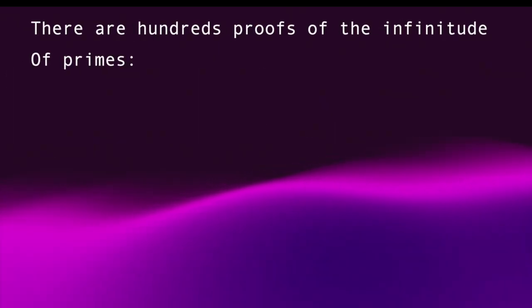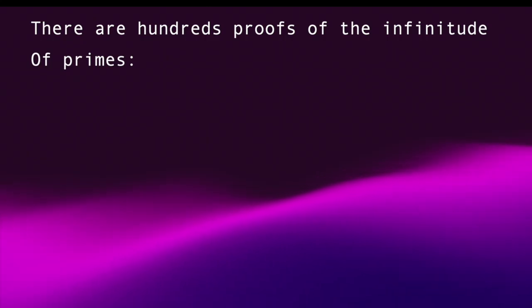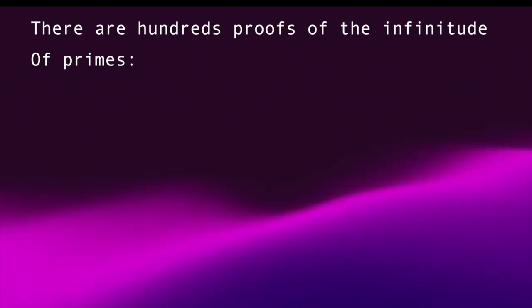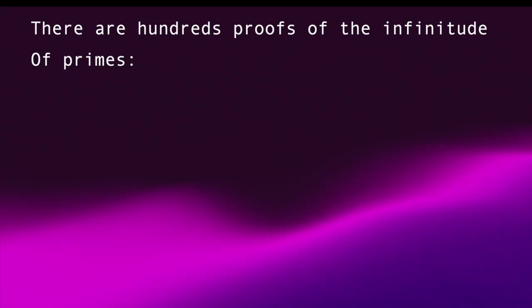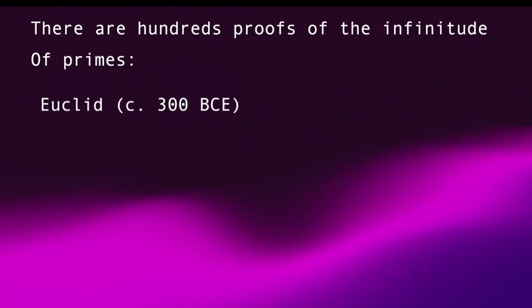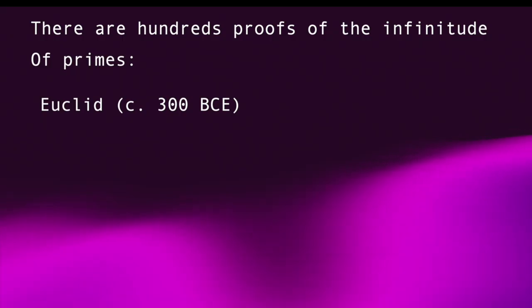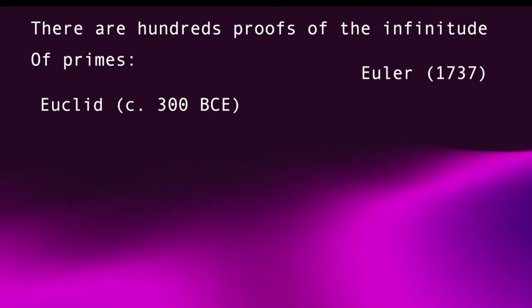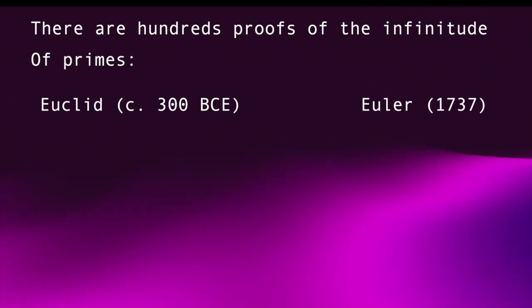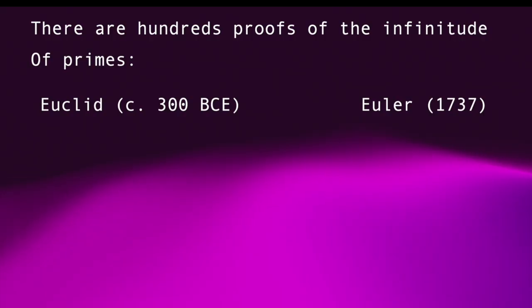Now, there are hundreds of proofs or more of the infinitude of prime numbers. For instance, the oldest one is Euclid's proof in 300 BC. Euler gave a proof in 1737 using the harmonic series.